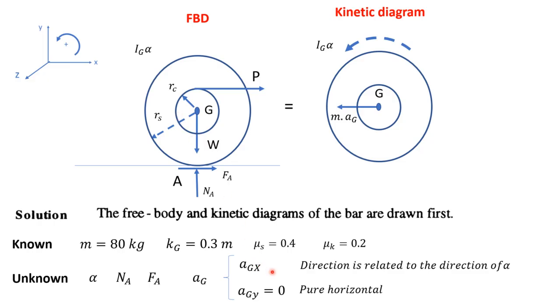Okay, the direction is going to be related to the direction of the alpha, and the AGY is going to be equal to 0 because it's purely horizontal, so no acceleration going upward and downward. This is just rolling, and the acceleration is going to be horizontal. No vertical acceleration is going to be considered at the point A.